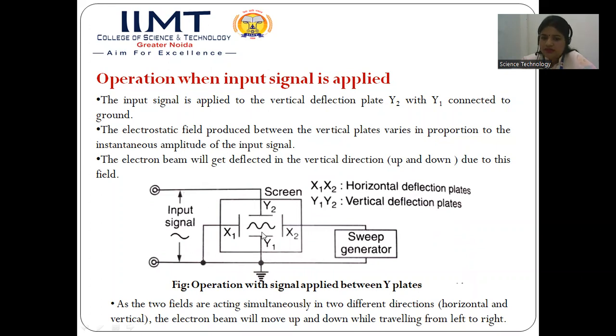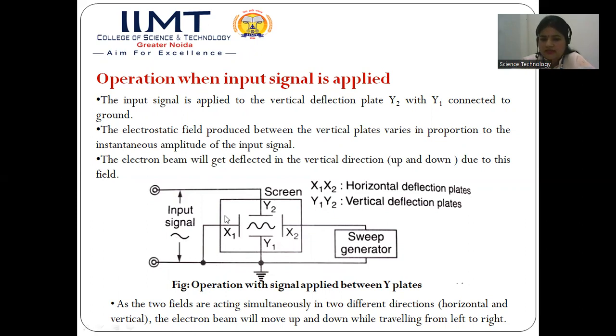The electrostatic field will vary as per the input signal variations. So on the Y plates we have applied the input signal, and to the horizontal plates X1 and X2, a sweep generator is already connected, and with the help of X1 and X2, the dot is moving from the left to the right side of the screen.